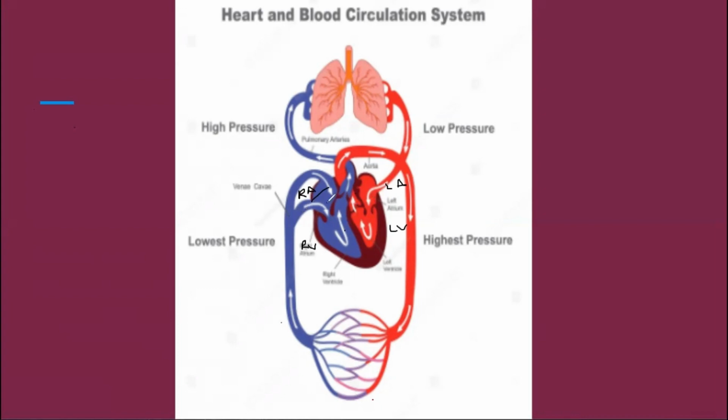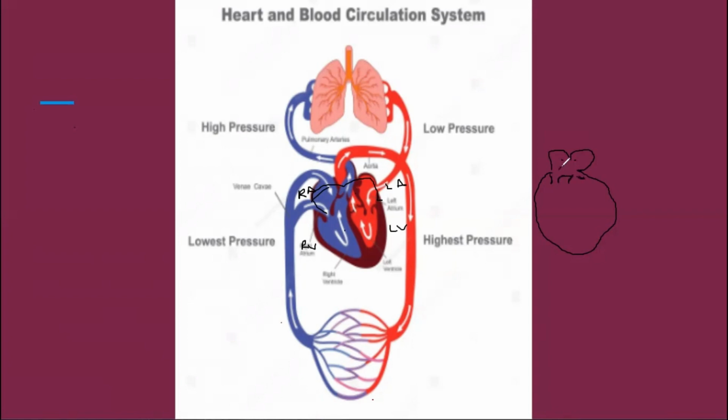First of all, the two atria contract. When they contract, their size becomes smaller and the ventricles remain relaxed, so their size remains bigger. Due to the pressure of the blood, the tricuspid valve will open, and over here the bicuspid valve will open.